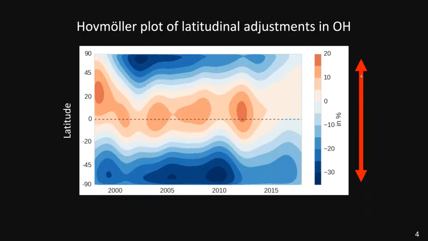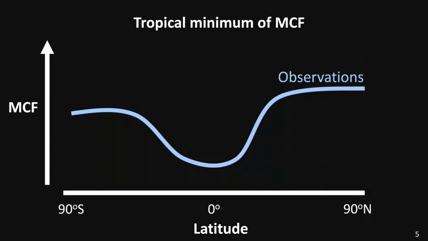So why is the inversion trying to add so much OH to the tropics? For that, we need to look at the methyl chloroform observations. Here I show what is obviously a sketch of the latitudinal distribution of methyl chloroform. The x-axis shows the latitude, and the y-axis shows the methyl chloroform abundance. A very interesting aspect of the latitudinal distribution of methyl chloroform is that it has a tropical minimum.